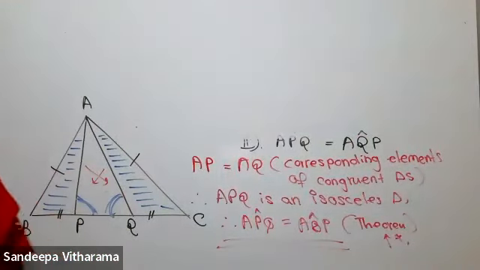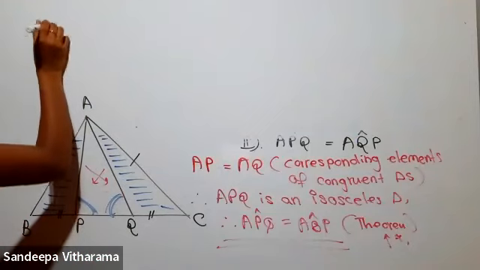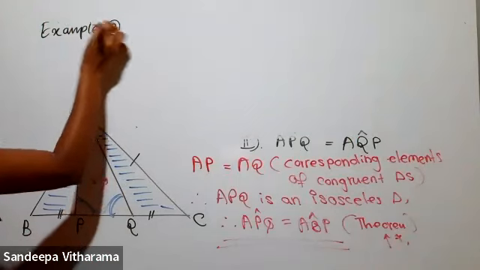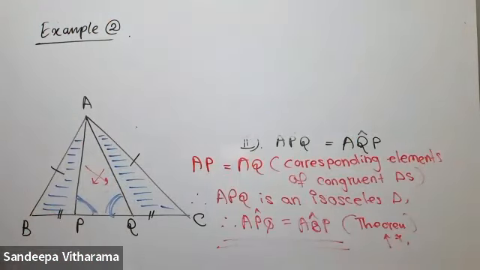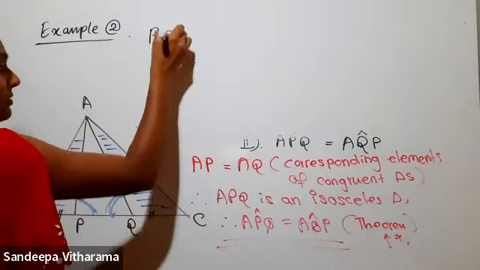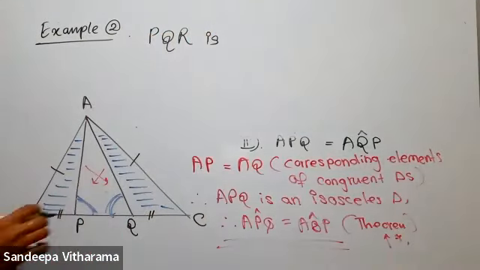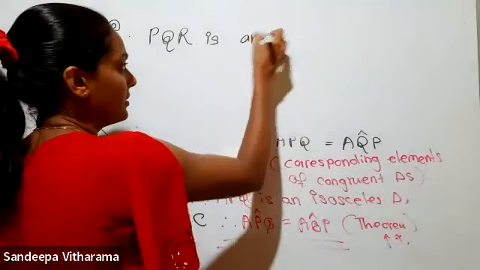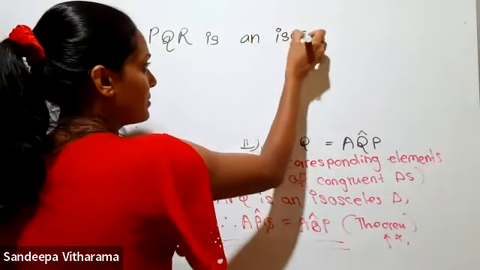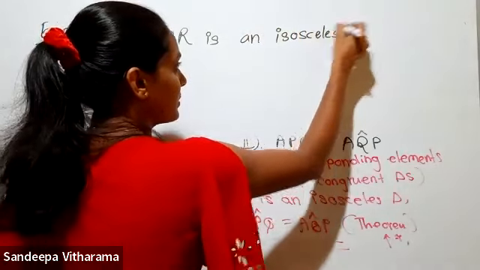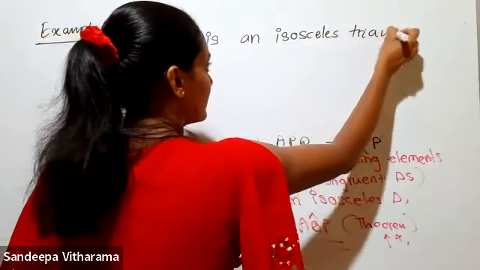It is example 2. Write down: PQR is an isosceles triangle.